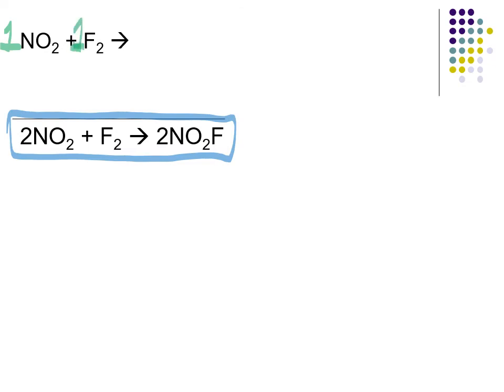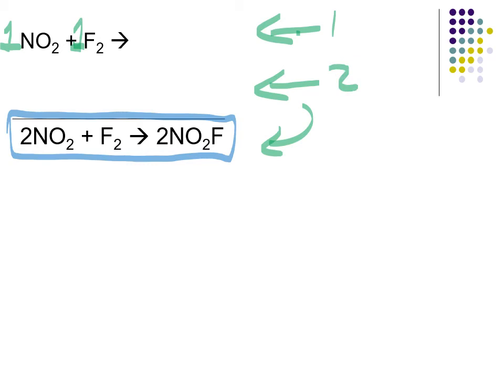Those exponents in our rate law, first order with respect to NO2 and first order with respect to F2, tell us that there's going to be a mechanism. So I'm going to have, let's say this is step 1 here, and I'll do step 2 here. They're going to sum together, and they will give us our overall equation.